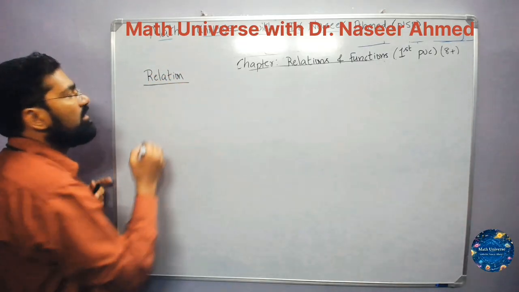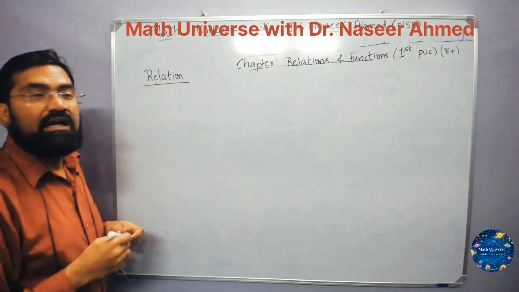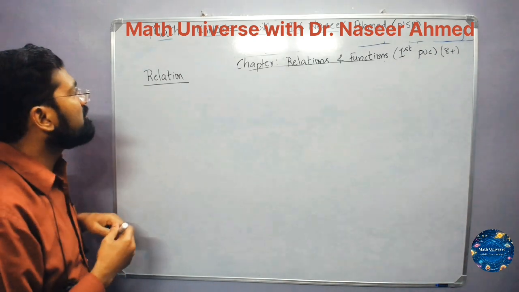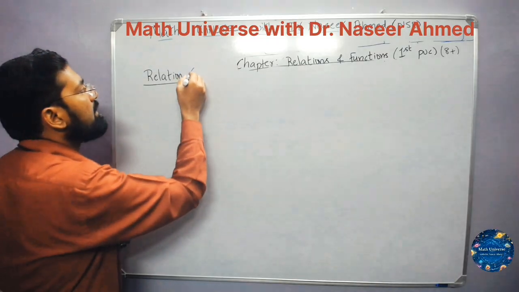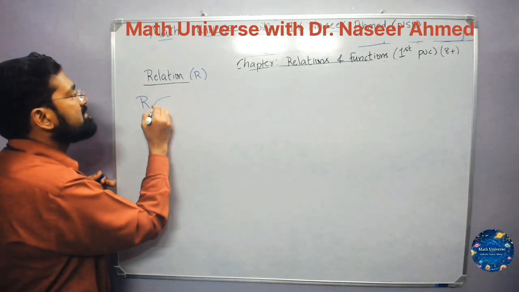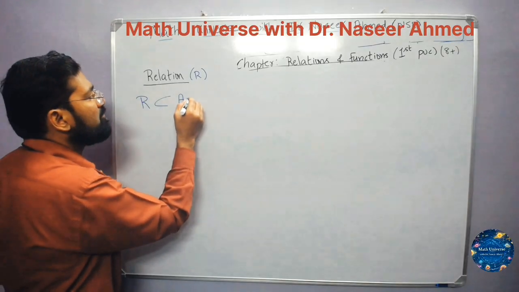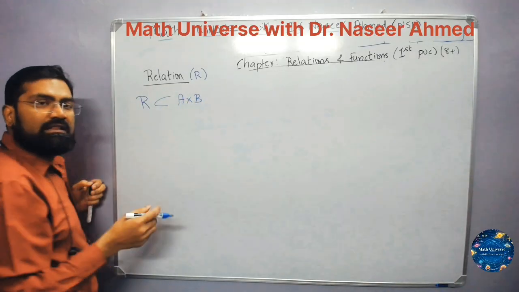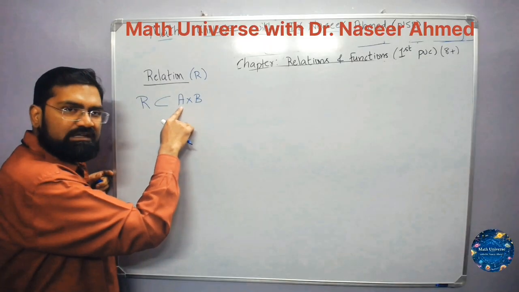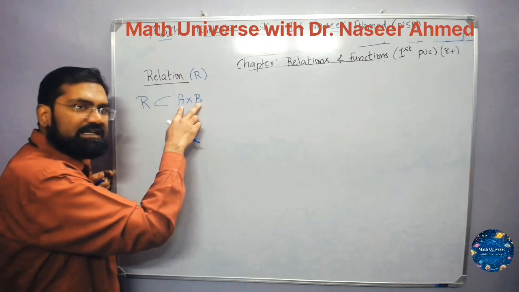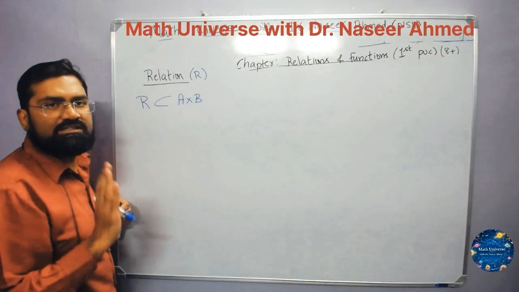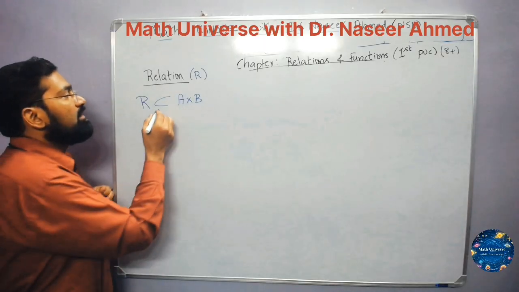What is a relation? First thing is it is denoted by capital letter R, and relation R is a subset of Cartesian product A cross B. There will be some relationship between the element of the first set with the element of the second set, and this relationship is defined in the question itself. And it can also be equal.